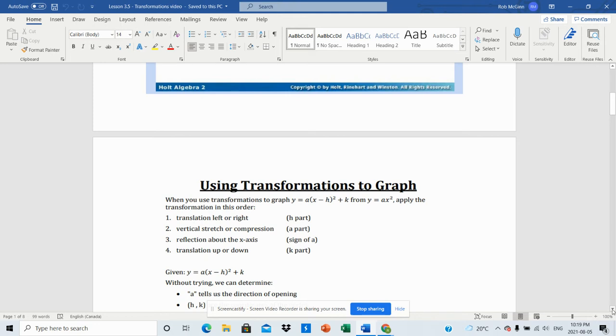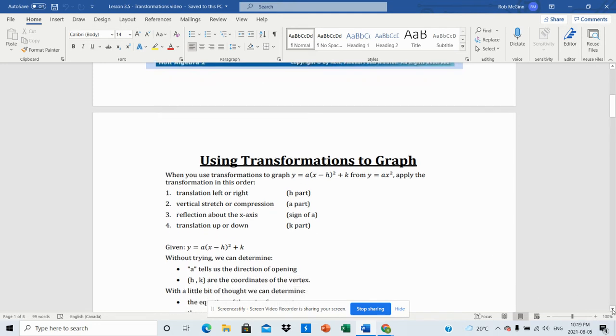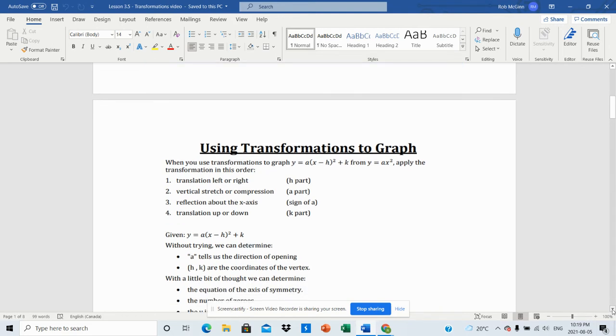So, some things we know here about the vertex form. Given our equation y equals a times (x minus h) squared plus k, without even trying, we should be able to now tell the direction of the opening by looking at a. If it's positive, it opens up. Negative, it opens down. And of course, h and k are the coordinates of the vertex.